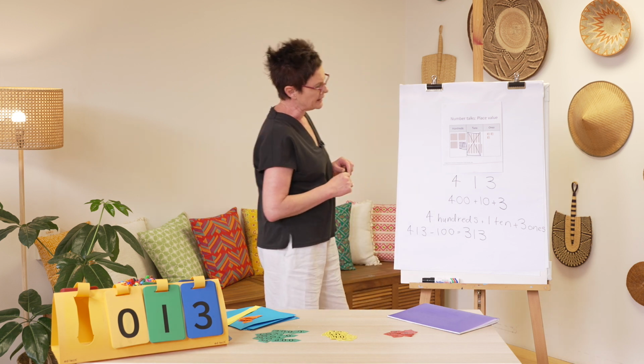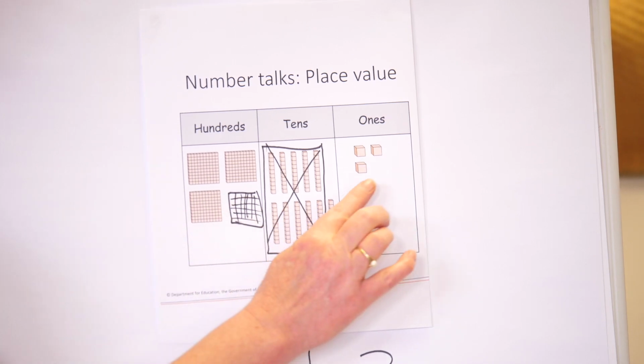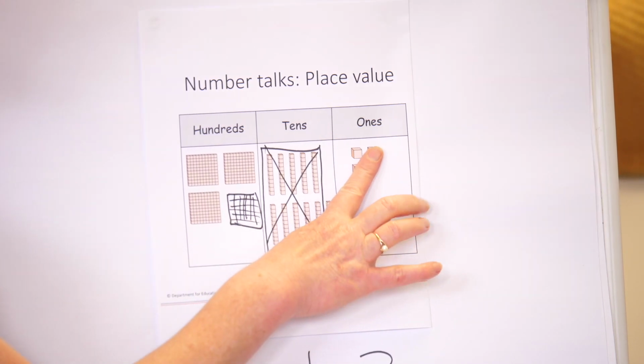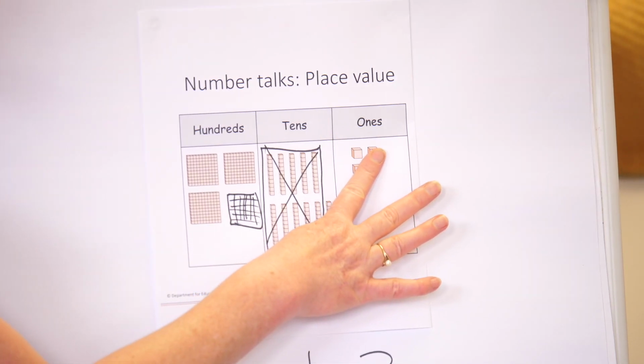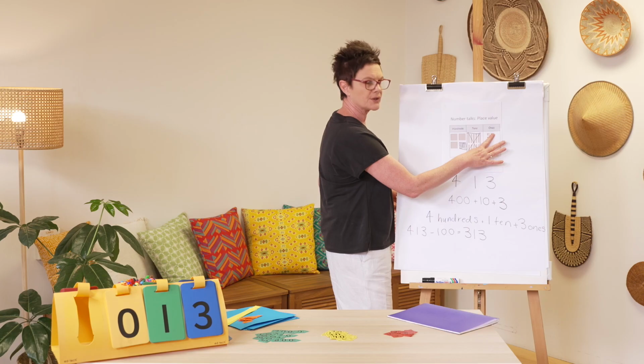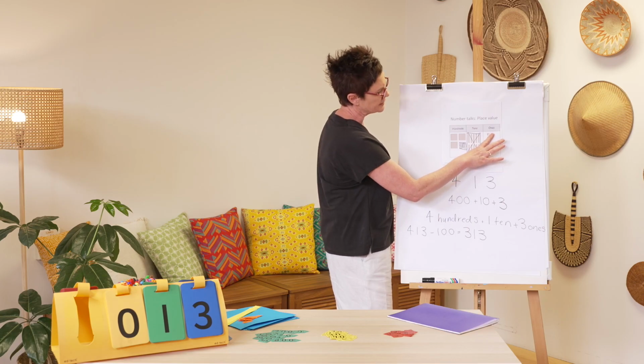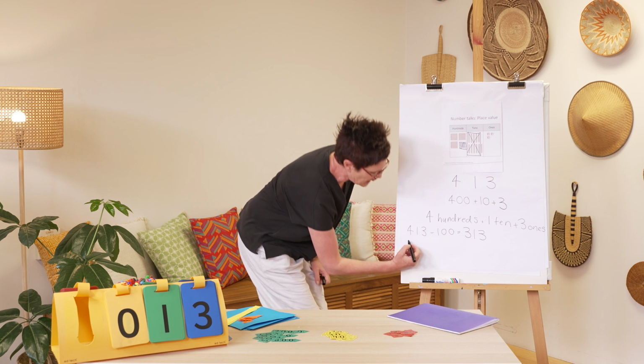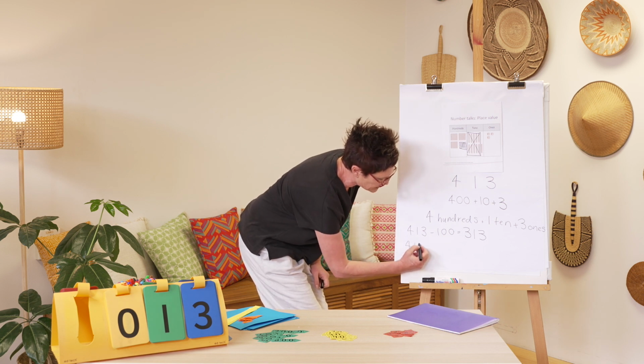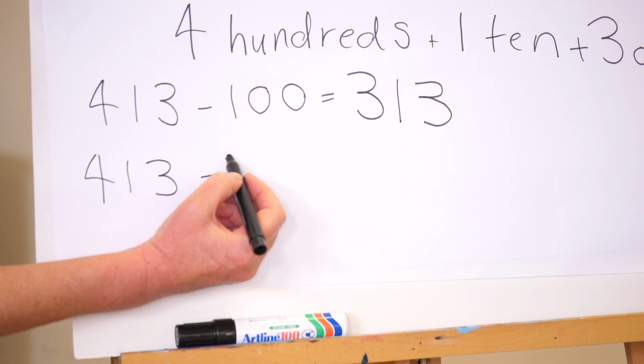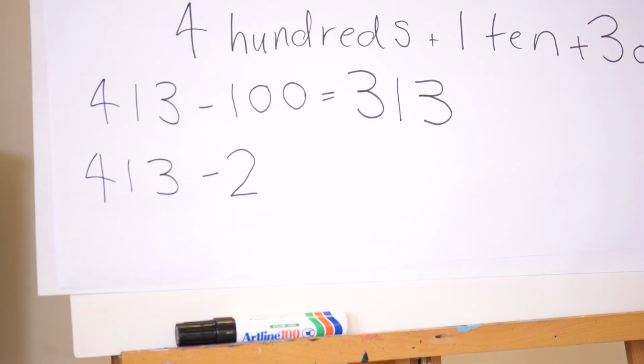One more. Let's take away 2 ones. What's 2 less than our number? Okay, so I have 413. I'm going to take away 2 ones. So what's 2 less than this number?